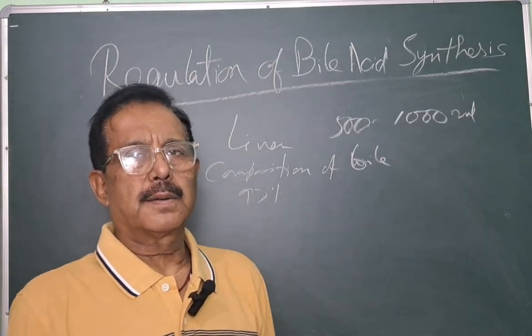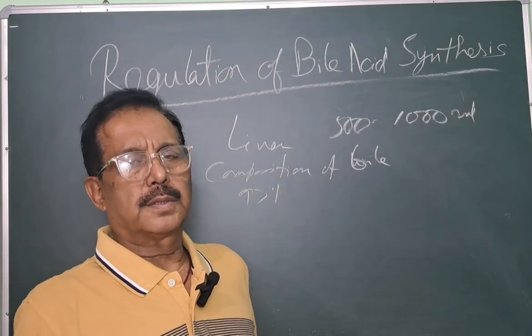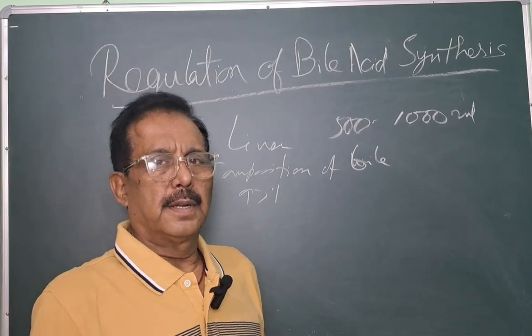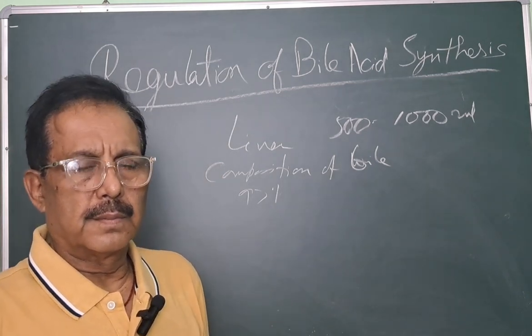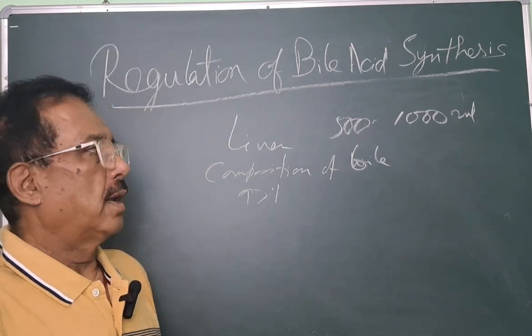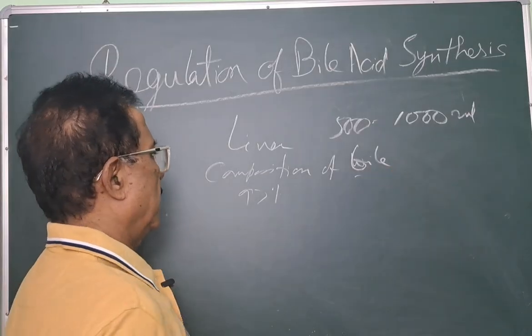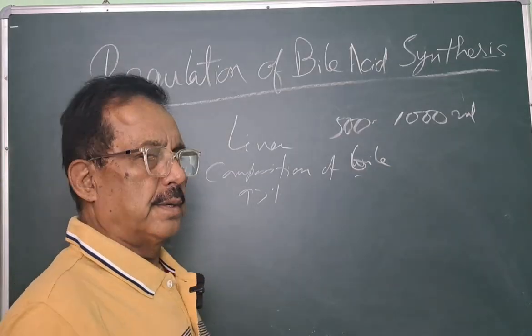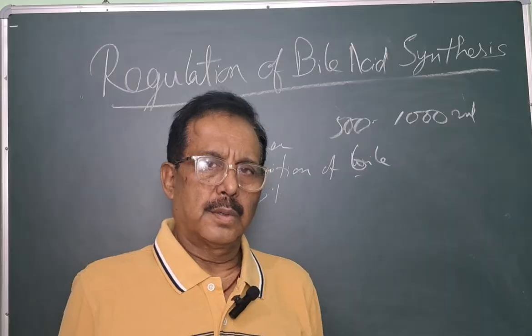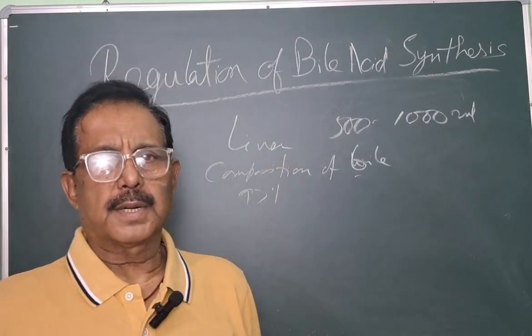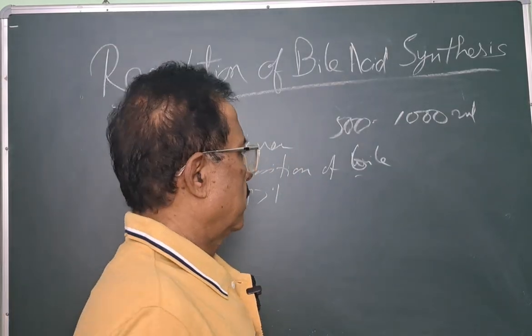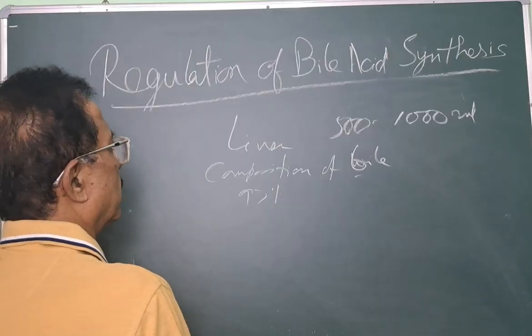Organic substances are bile salts, bile acids, lecithin, cholesterol, and bile pigments. Electrolytes are also present: sodium, potassium, and bicarbonate. This is the composition of bile.